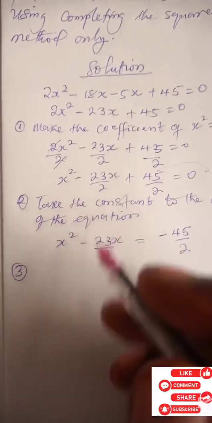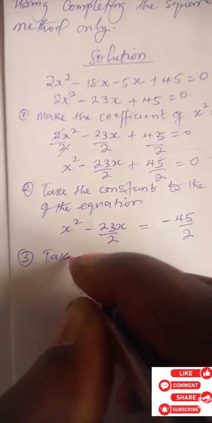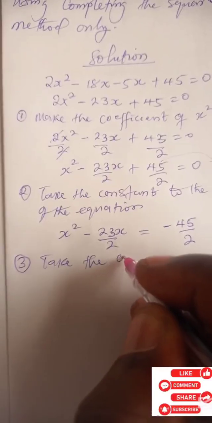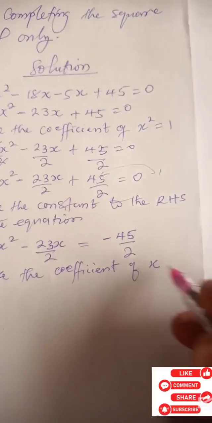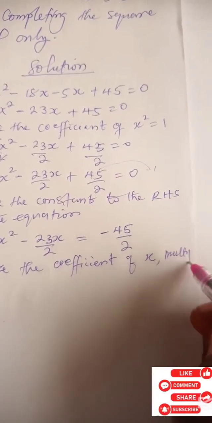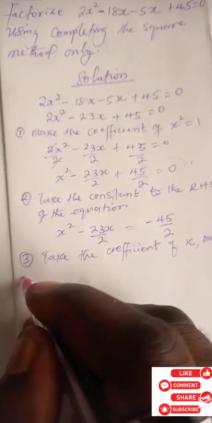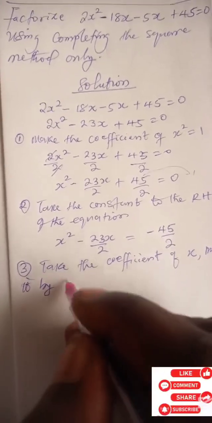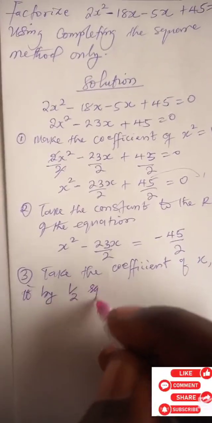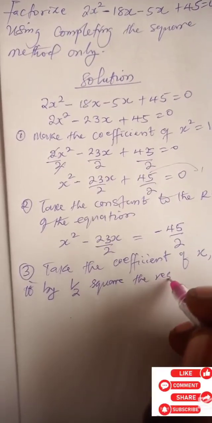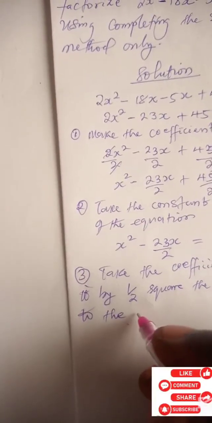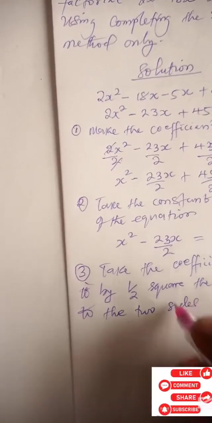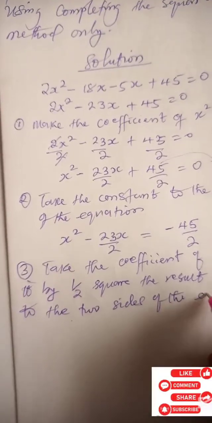So in completing the square, what we do is you take the coefficient of x, multiply it by half, square the result, and add to both sides, to the two sides of the equation.